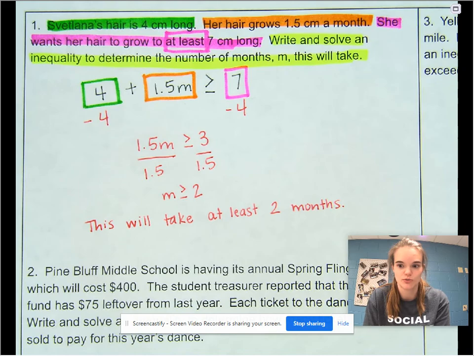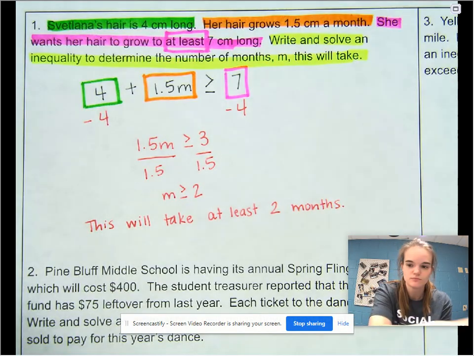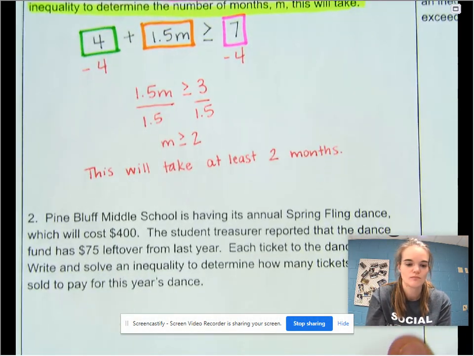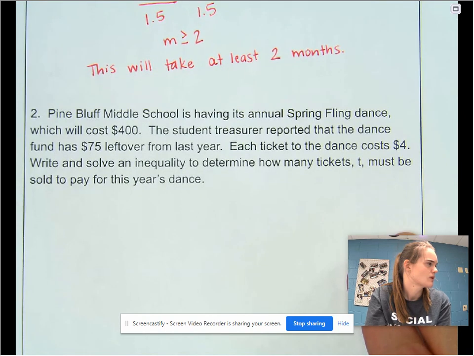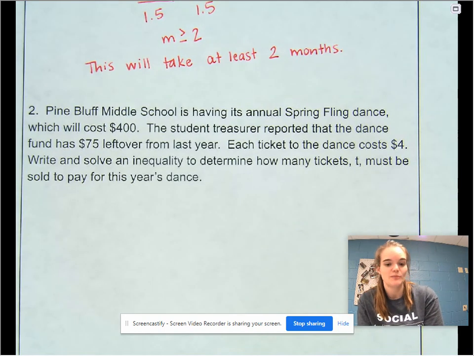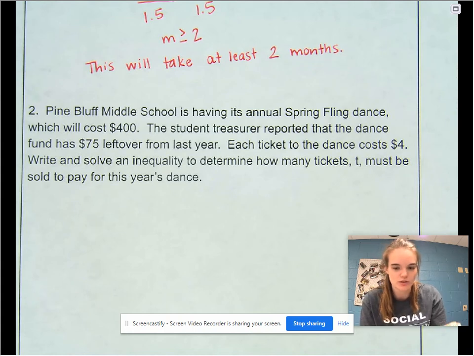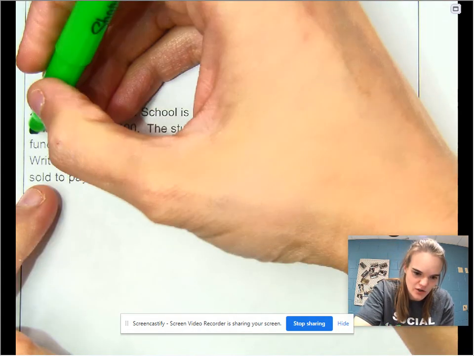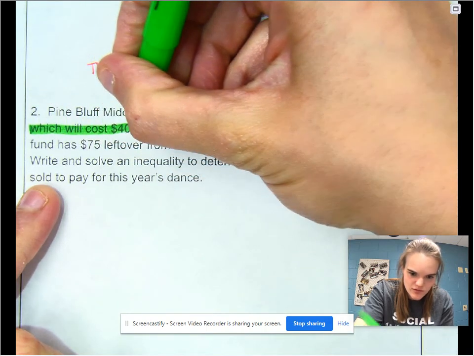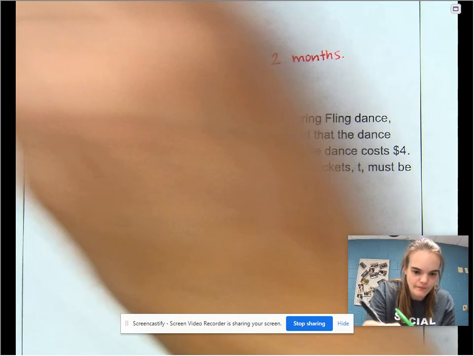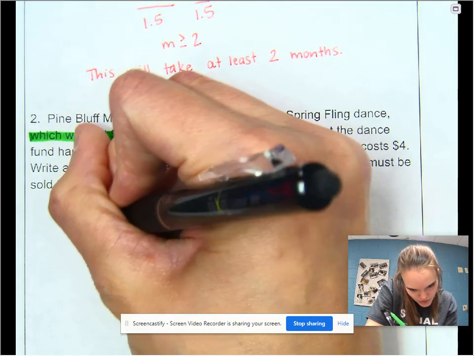You should try number 2 on your own, but okay, Pine Bluff Middle School, that's a town, by the way, in Arkansas. Pine Bluff Middle School is having its annual Spring Fling dance, which will cost $400. Okay, important. This dance is going to cost $400.